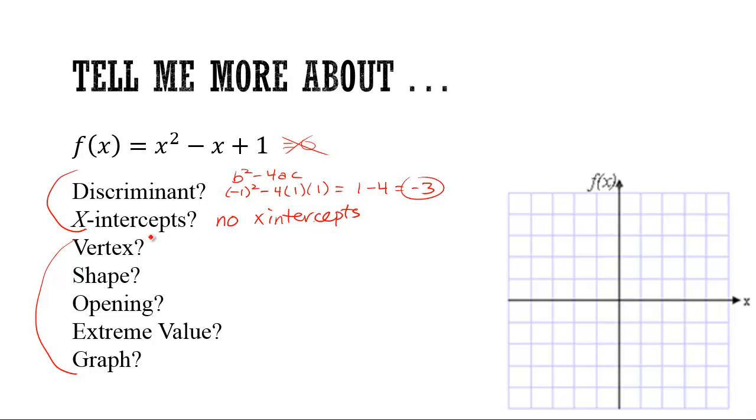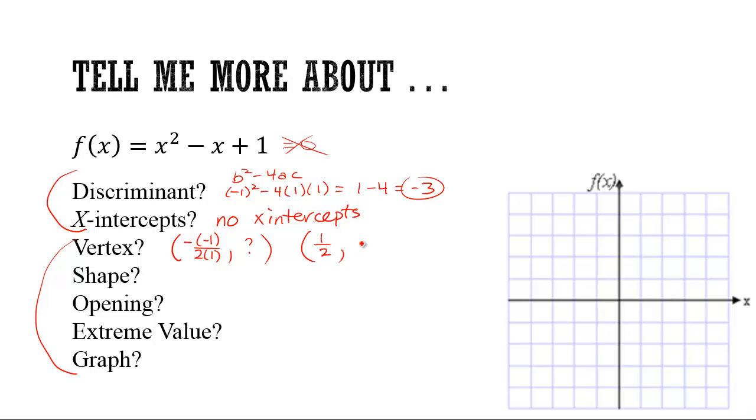What else do we know? Well, what's the vertex? We could complete the square, or we could remember that negative b over 2a, which is part of the quadratic formula, is our x value of the vertex. So we could take a shortcut and just find that and then find our y value. That's going to be an x value of 1 over 2.